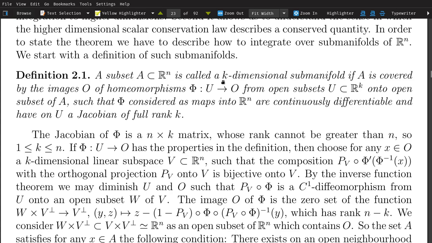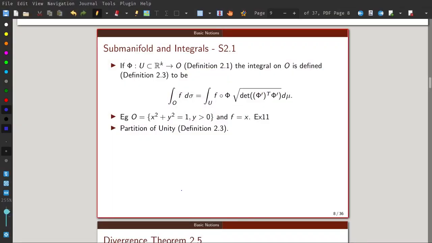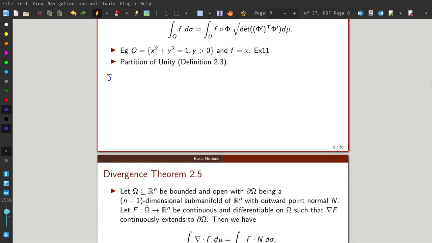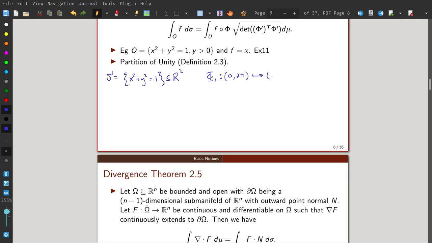So let's do an example where that is the case. If we have something like S1, which is the set x squared plus y squared equals 1 inside the plane R2, this is a submanifold because we have, let's say, phi 1 acting on numbers between 0 and 2 pi and taking them to, let's say, cos theta, sine theta.